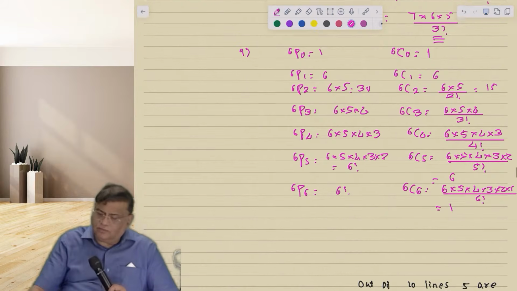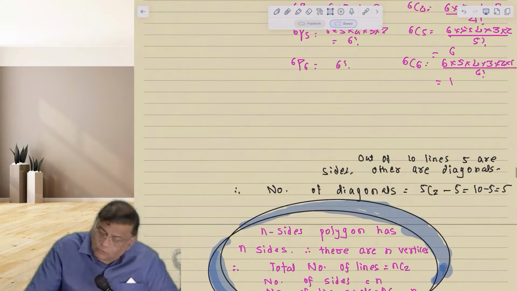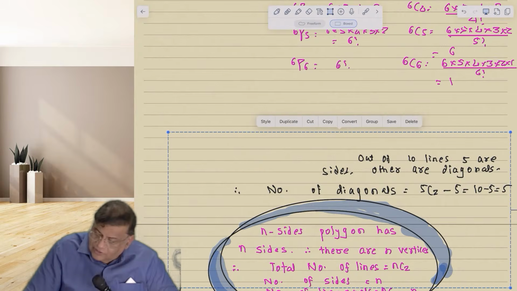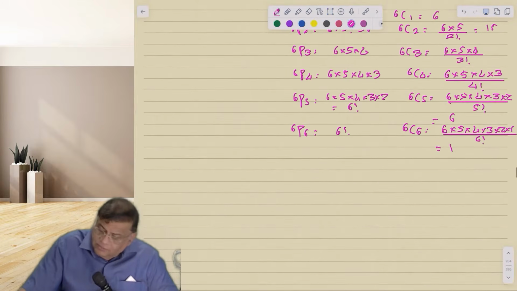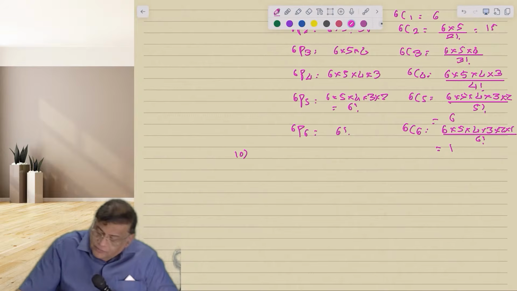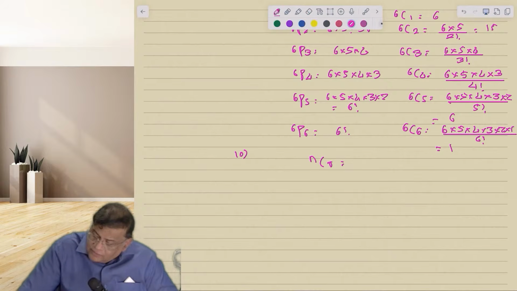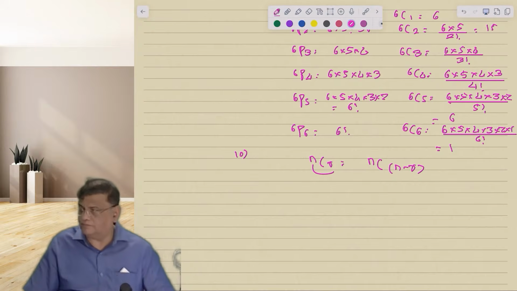Now remember, we have 2 more results related to combination. Remember, as a point 10 over here, that NCR is NC(N minus R), the difference between the two.